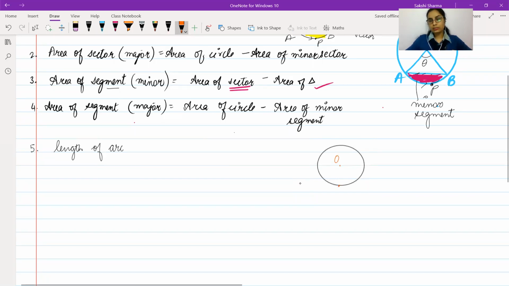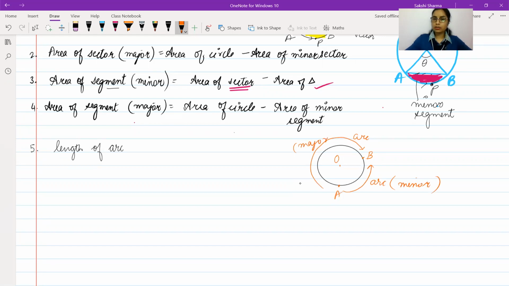Let's say we have a circle with center O and we have 2 points on the boundary AB. तो आपके पास एक ये arc बन रही है और एक ये arc बन रही है. And depending if the arc is smaller than your semicircle, this is the minor arc and this is your major arc. If we want to find out the length from point A to point B, हमें सिर्फ ये length चाहिए, boundary की length चाहिए. How do we find out?